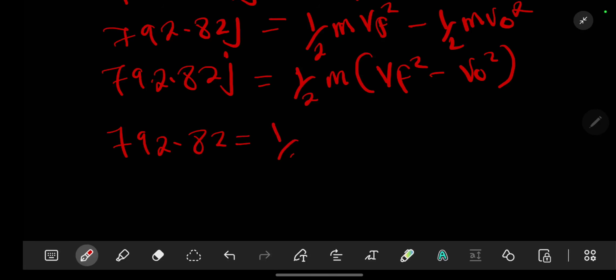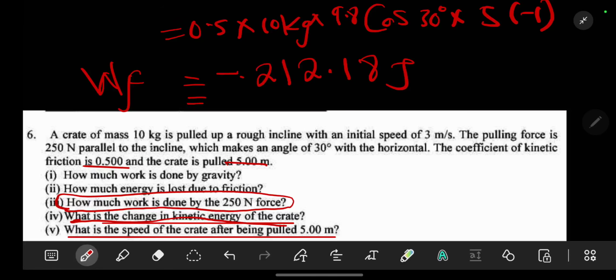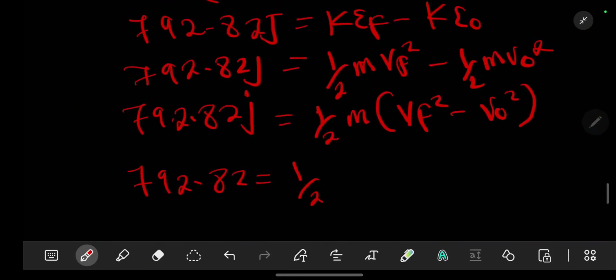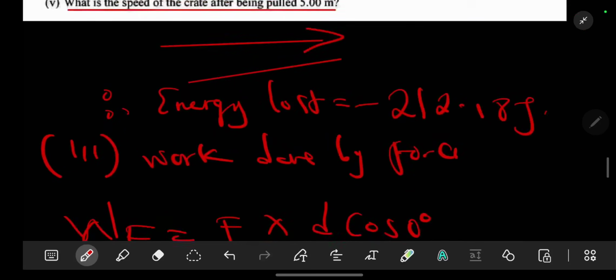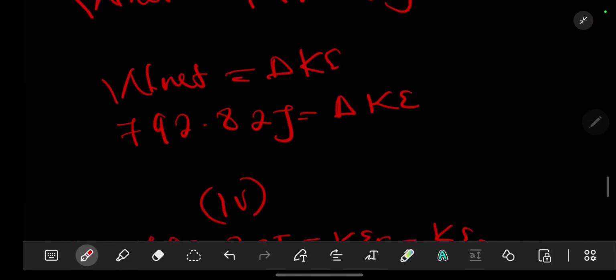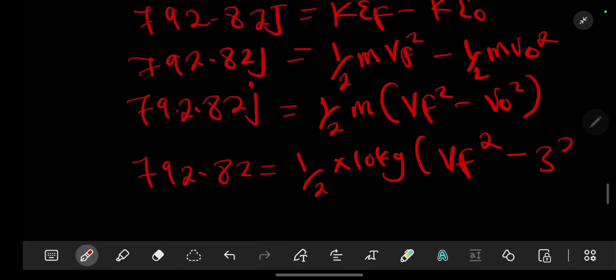So 792.82 is equal to 1/2 times the mass. The mass of the crate is 10 kg, so 1/2 times 10 kg, times v final squared minus the initial velocity squared. The initial velocity was 3 meters per second, so we use that: 3 squared, don't forget the squared.